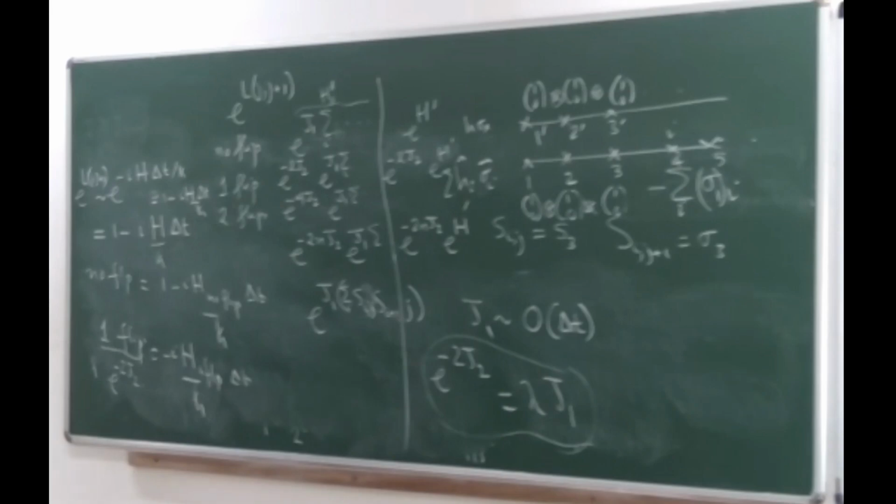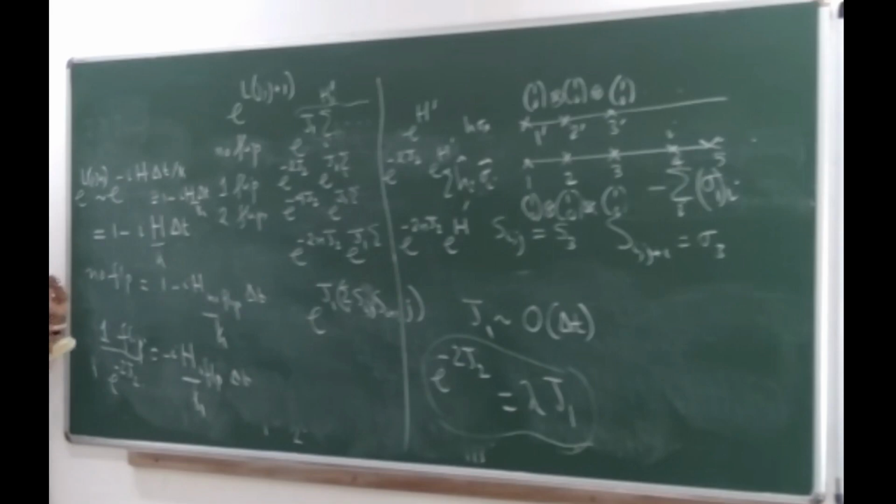Since I am interested in the limit of delta t tending to 0, I can ignore the large number of flips, which tells me that I can work with Pauli matrices as a consistent tool.